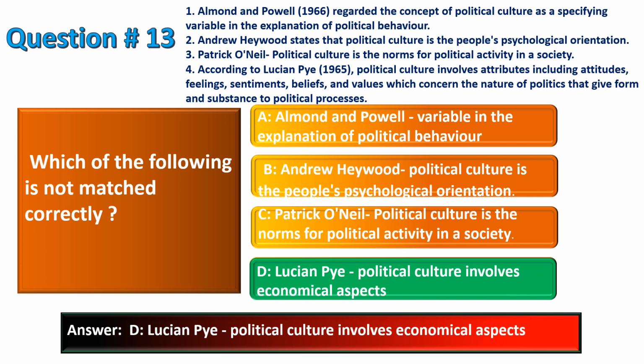Andrew Haywood states that political culture is the people's psychological orientation. Patrick O'Neill: political culture is the norms for political activity in a society. These three options are matched correctly, but according to Lucian Pye, political culture involves not the economical aspects.